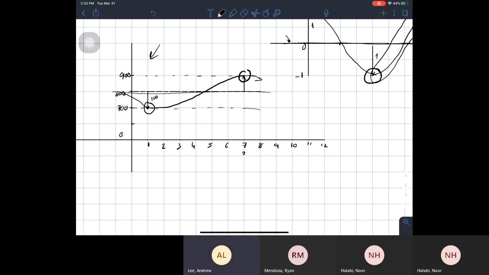But in this case, it goes from 1 to 7, which is 6 months, and then it returns back to 1 after another 6 months. 1, 2, 3, 4, 5, 6.